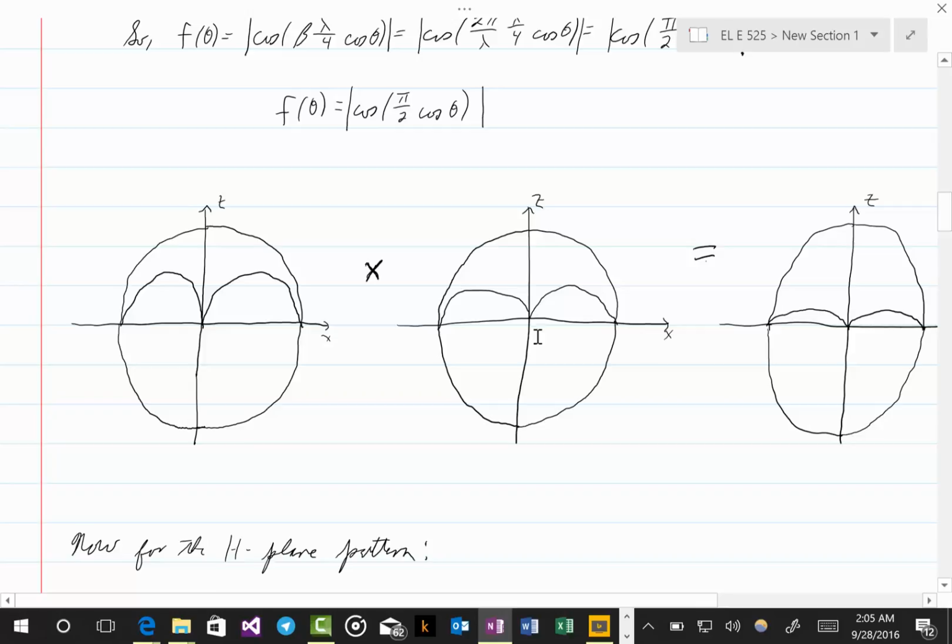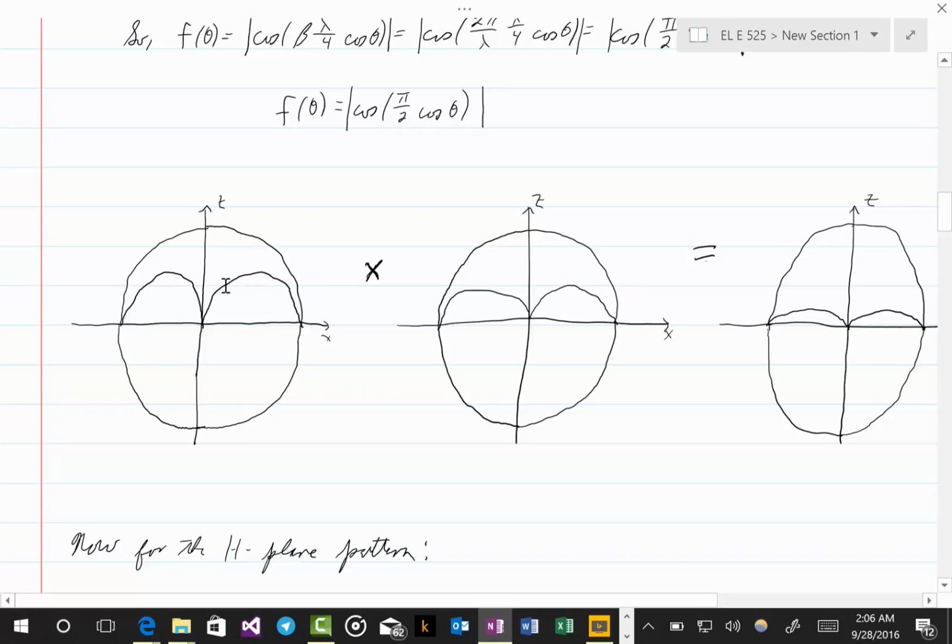We get, again, 0 when this angle is 0, because we get a 1 here times pi over 2, and cosine of pi over 2 is 0. But by the time we get to theta equals pi over 2, then we get 0 here, times that is 0, and cosine of 0 is 1.